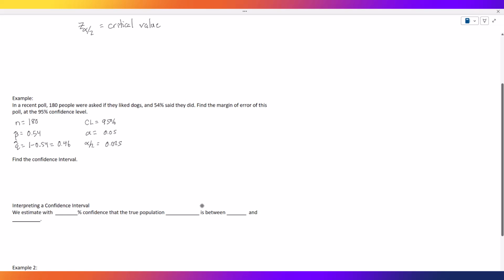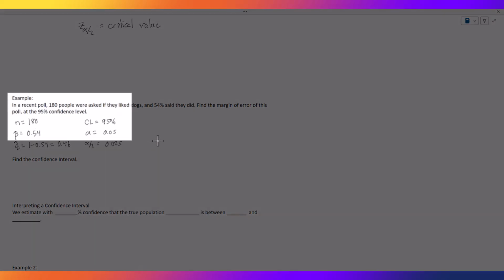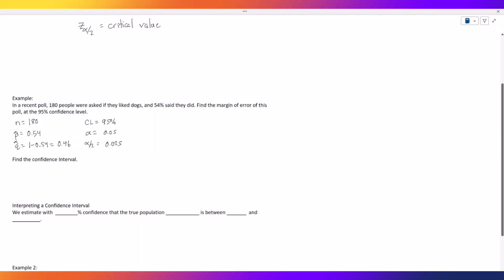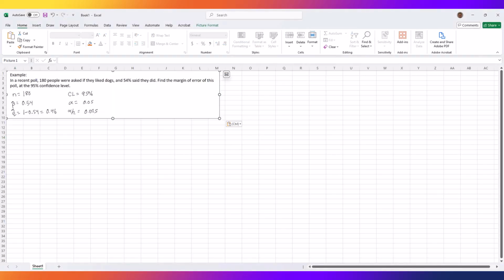So I'm going to jump over to Excel to finish this problem. A lot of times with Excel, I do the same kind of thing.